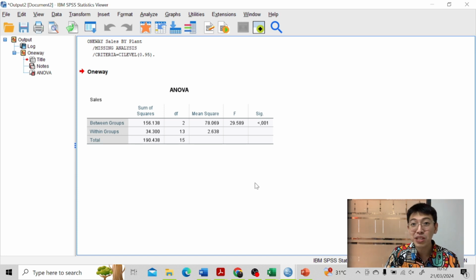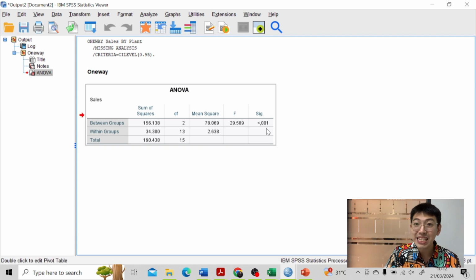However, we can also see from the p-value. We can see from the sig here. The sig here is stated less than 0.001. In some older SPSS versions, sometimes it is stated 0.000. We have to compare whether the p-value is less than alpha or more than alpha. We know our significance level is 5%.